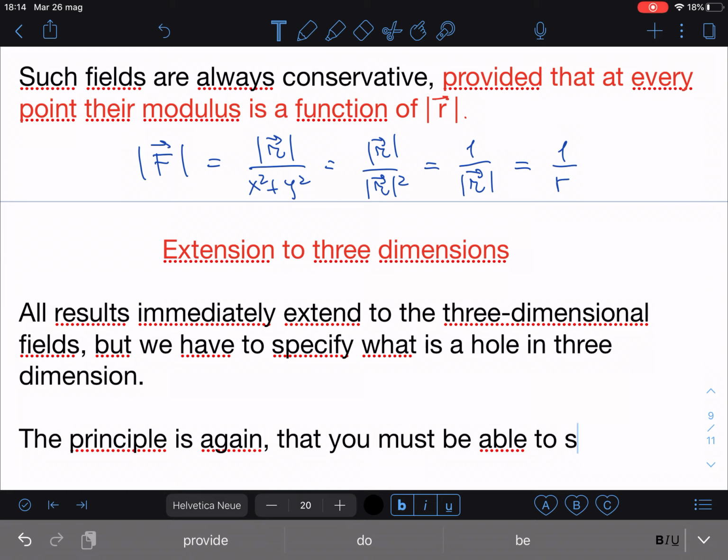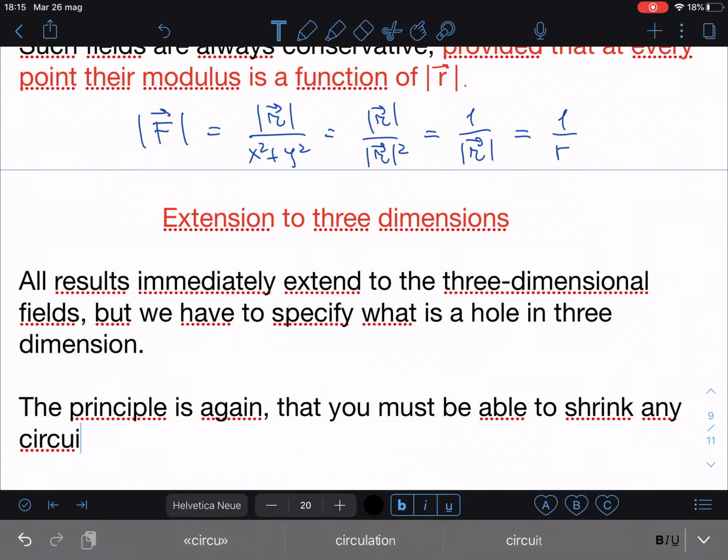To shrink any circuit, any closed curve, without exiting the domain. This is a property of the domain.